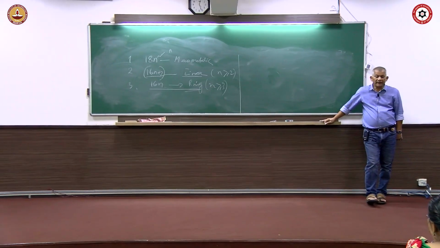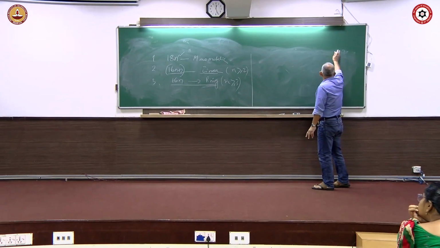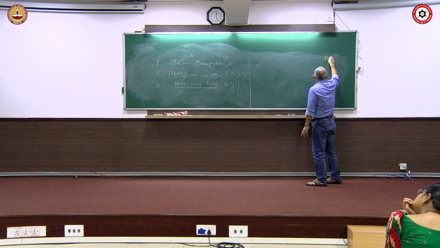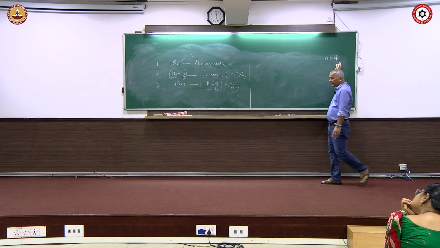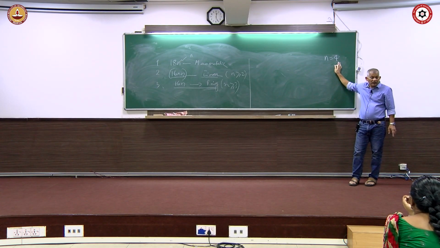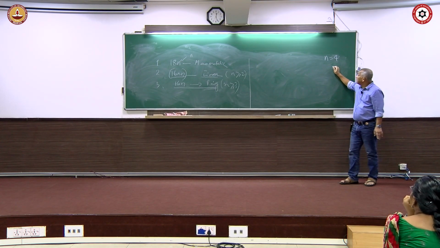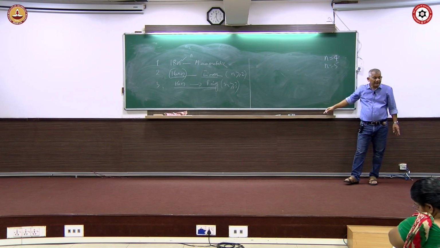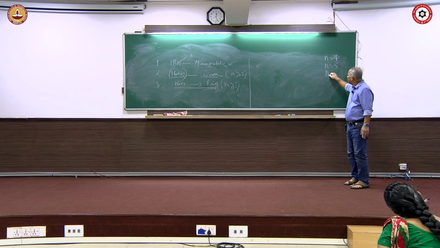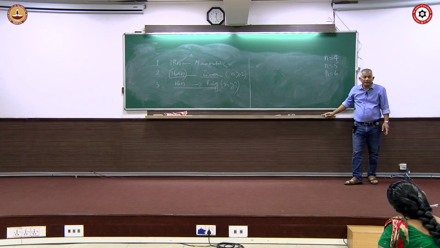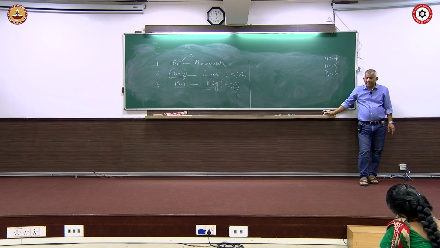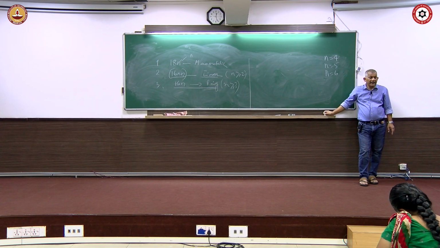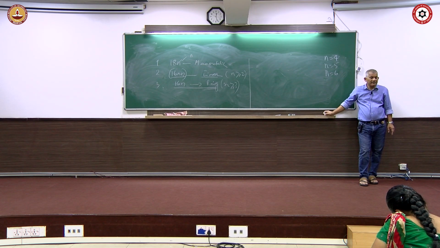Now, let's say geometry n equal to 4, that you have already told me, square planar or tetrahedral. N equal to 5, square pyramid or trigonal bipyramid. N equal to 6, octahedral. Any other? That is octahedral.